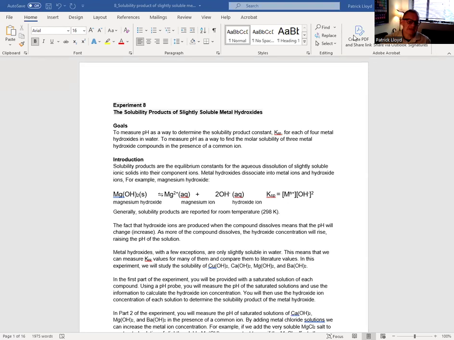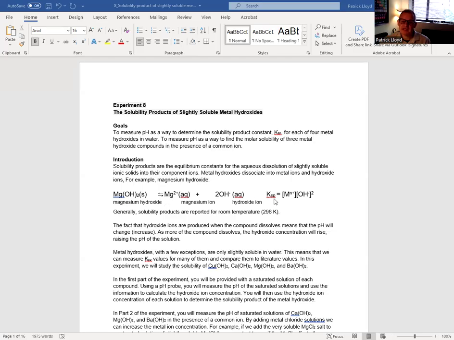So we'll begin by talking about the solubility product. Magnesium hydroxide is sparingly soluble in water. It's not real soluble. It's a solid. When it does dissolve, it forms a small amount of magnesium 2+ ions and then twice as many hydroxide ions. It's a 2-to-1 ratio.